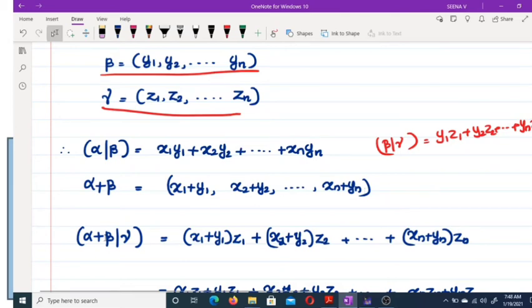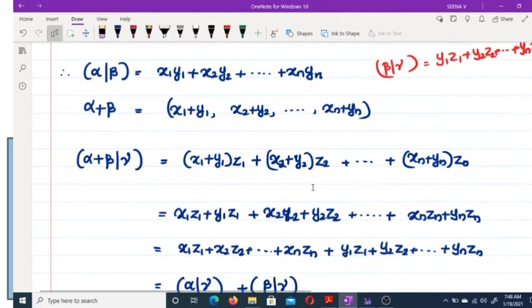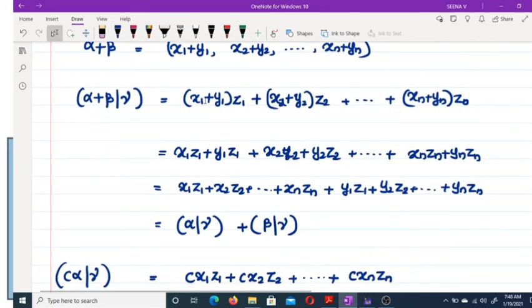What is the inner product of alpha plus beta and gamma? We just multiply coordinate-wise: x1 plus y1 into z1, plus x2 plus y2 into z2, etc., plus xn plus yn into zn. Applying the distributive property: x1 z1 plus y1 z1, plus x2 z2 plus y2 z2, etc., plus xn zn plus yn zn.